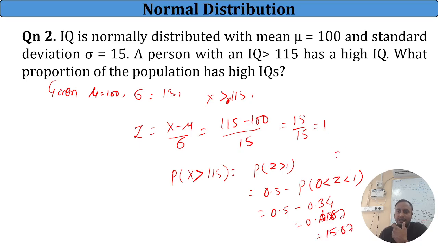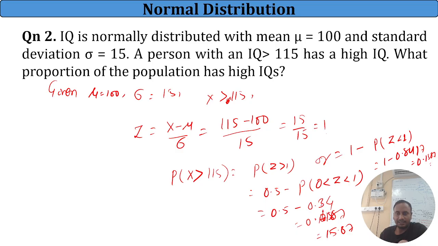Or there is one more way you can do it: P of z less than 1, so 1 minus 0.8417, which gives 0.1587. So both cases are the same. Is it clear?